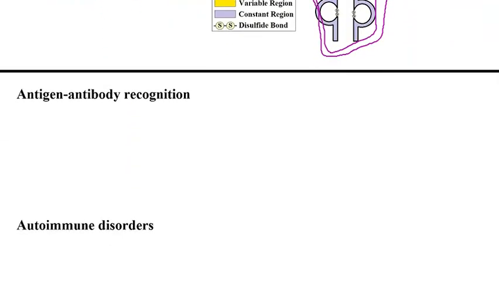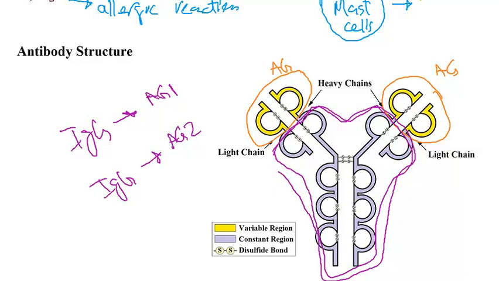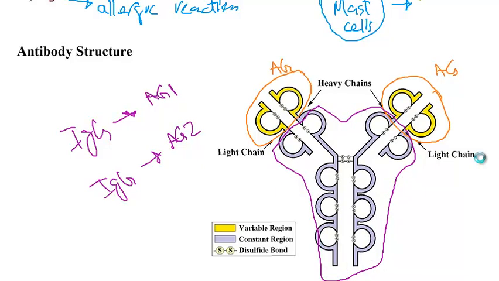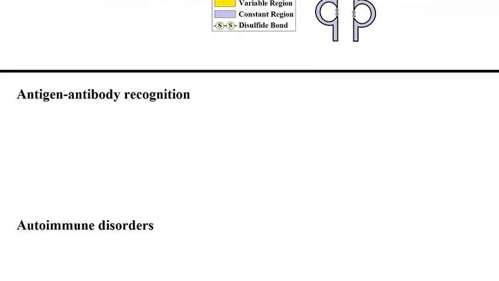So now regarding the antigen-antibody recognition, as we just discussed, the variable region of the antibody of both the heavy and light chain confers the ability to bind to a specific antigen. So here, if you pay attention to this image, let me erase all these drawings. In this image, you can see that the variable region is both on the light chain and the heavy chain.